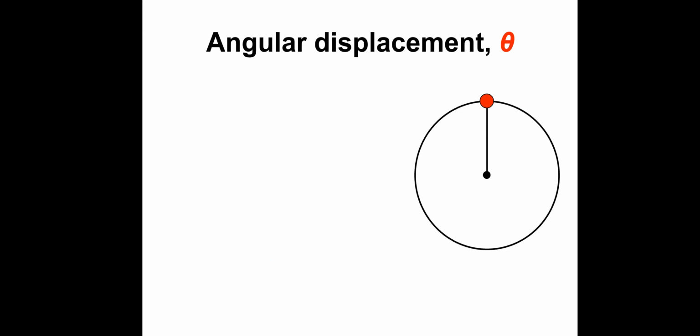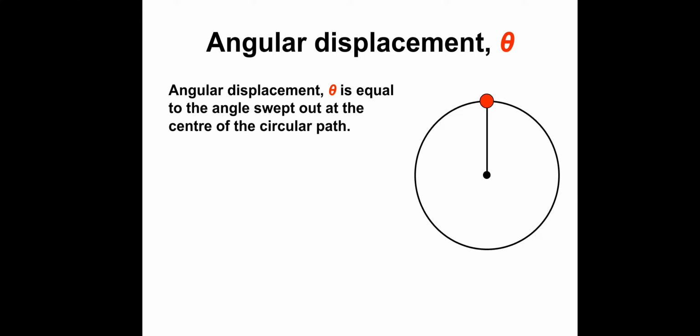So, angular displacement. Angular displacement, or theta, is equal to the angle swept out from the centre of a circular path. If an object moved from A to B, the amount of angle that's swept would be the angular displacement.